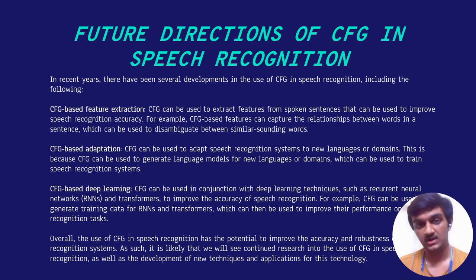CFG can be used to extract features from spoken sentences that can be used to improve speech recognition accuracy. The next aspect is CFG-based adaptation. CFG is used to adapt speech recognition systems to new languages or domains. This is because CFG can be used to generate language models for new languages or domains which can be used to train speech recognition systems and process modules.